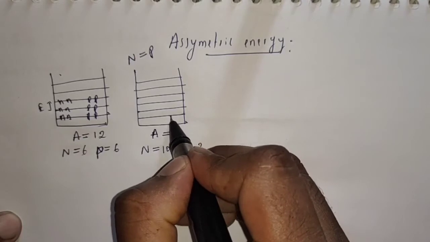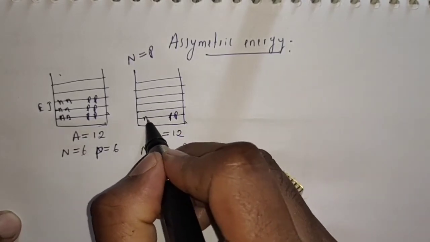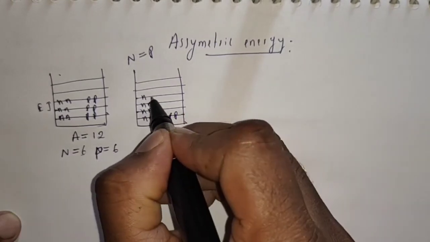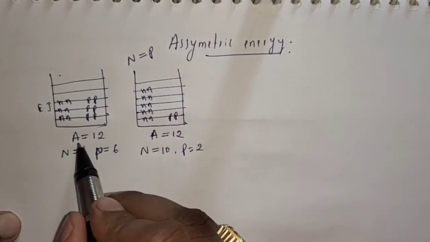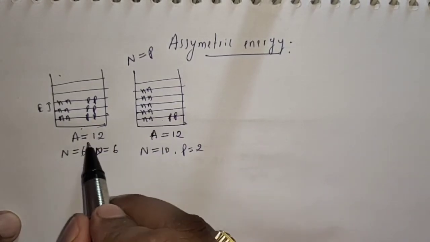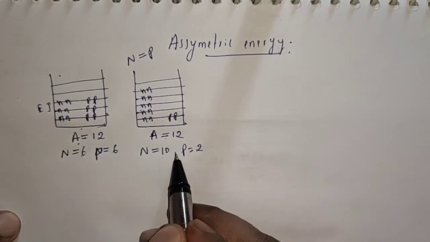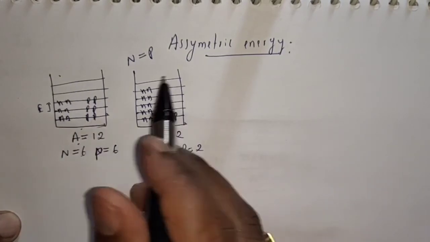These 2 protons occupy the first energy level, and these 10 neutrons occupy different energy levels. Even though these 2 nuclei have the same mass number, their nucleon numbers are different, and the energy of the system is also different.